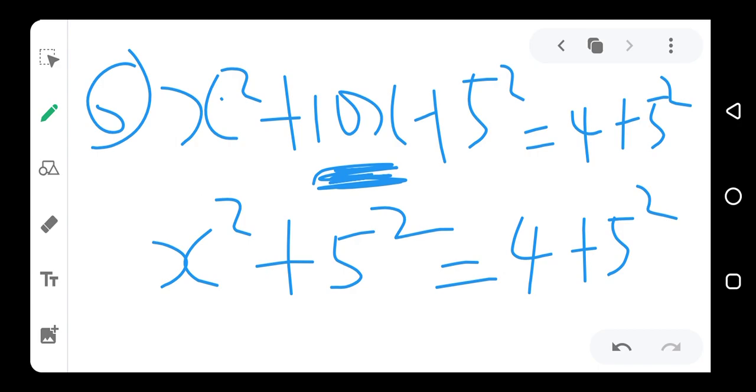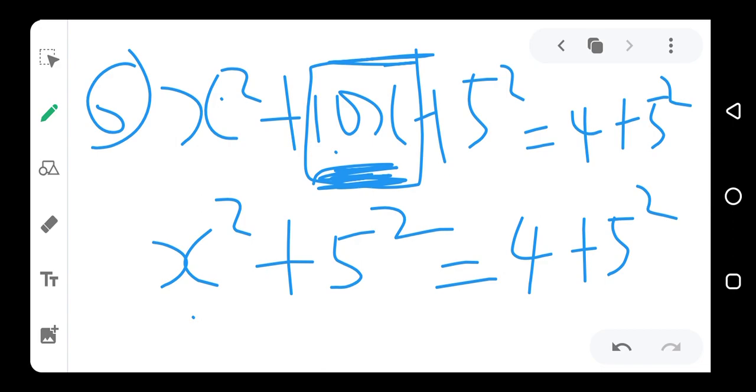When we add the 5 squared to both sides, now we remove this one that contains x, because it is from this that we got the 5 squared. It contains b, so we remove it and leave only the 5 squared. So we now have x squared plus 5 squared is equal to 4 plus 5 squared.